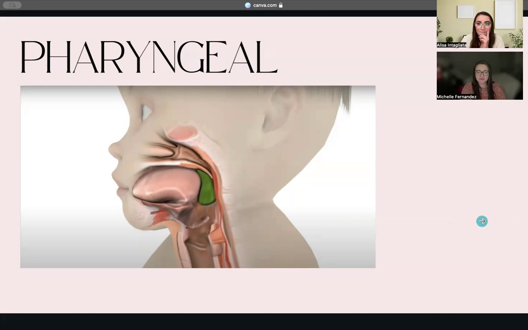Yeah, so what do people mean when they say my food went down the wrong pipe? That's a good question. The bolus is right here in the pharynx, and then it separates off. This right here is the trachea, and behind it is the esophagus.